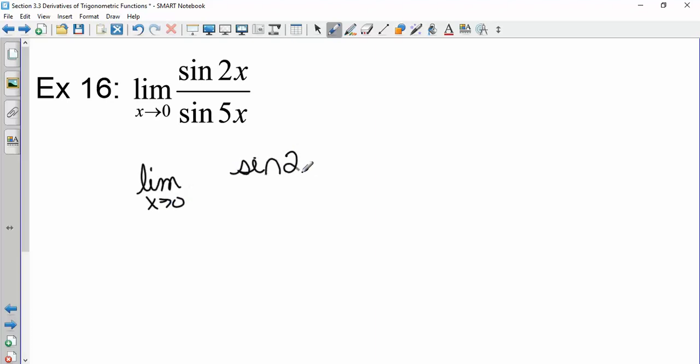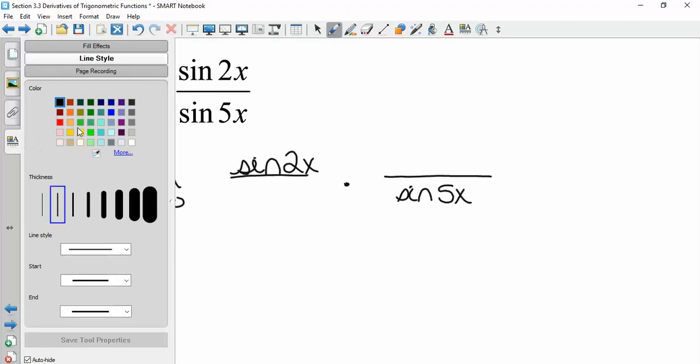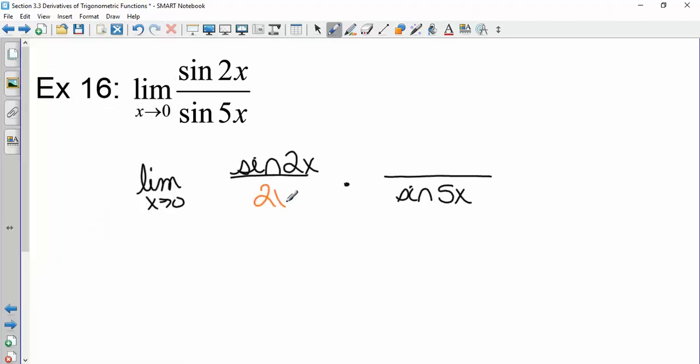So we have a sine 2x on the top, and this one would have a sine 5x on the bottom. All right. In order to be able to evaluate this, what would this one have to have on the bottom? A 2x. Okay. But if I put a 2x on the bottom, I have to put it on the top somewhere. Would it be okay with you if I put the x here and I made another fraction where I put the 2?